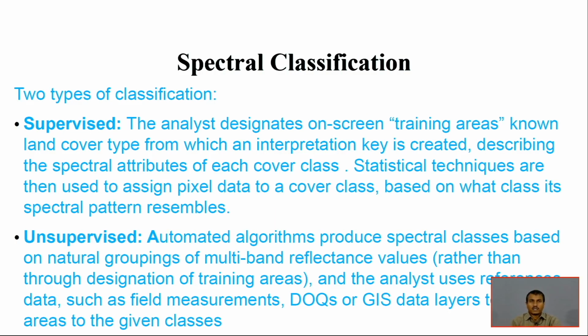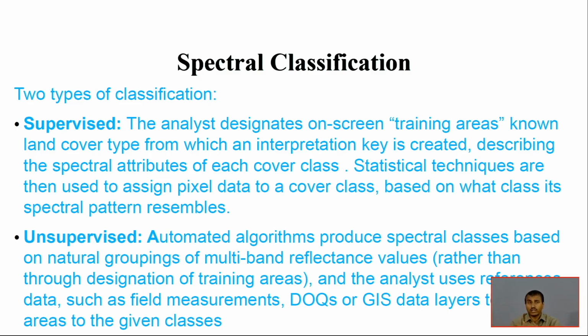There are two kinds of methods for classification. One is supervised, based on known features. You are training that these are the road, these are the buildings, these are the vegetation. So, you already know and you are providing some ground control points and ground control characteristics, and based on that you supervise the spectral classification.